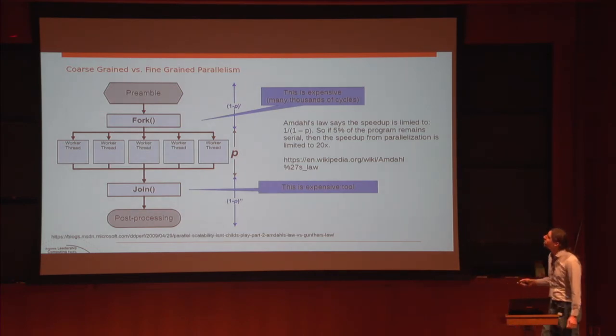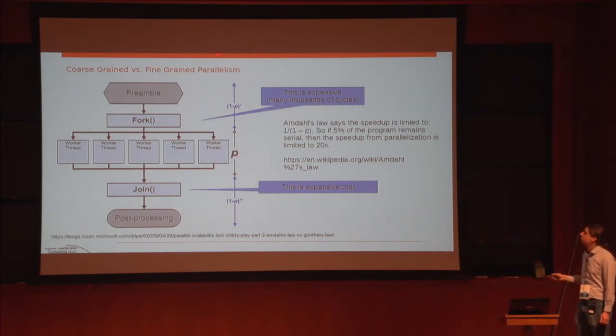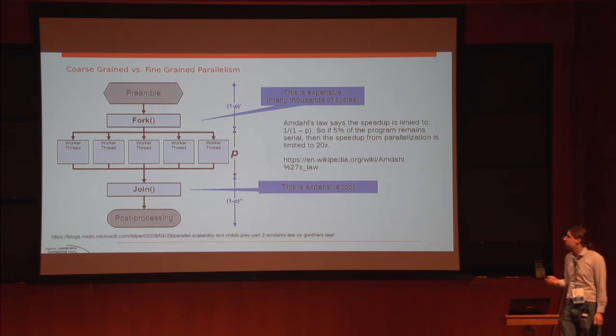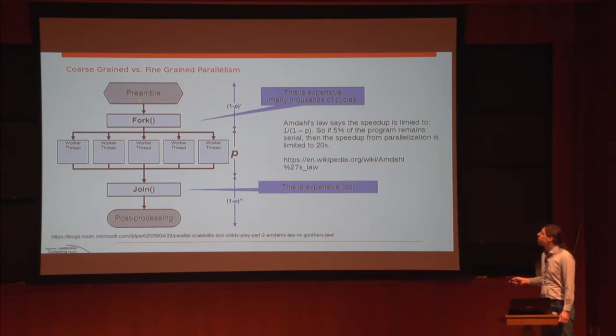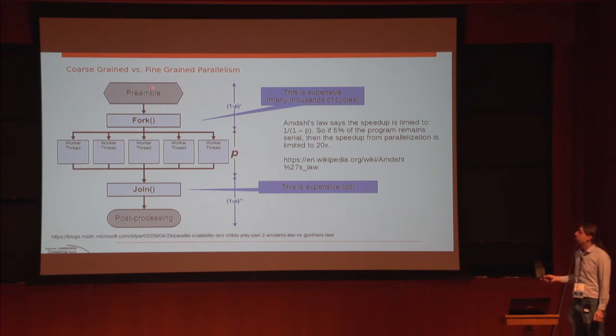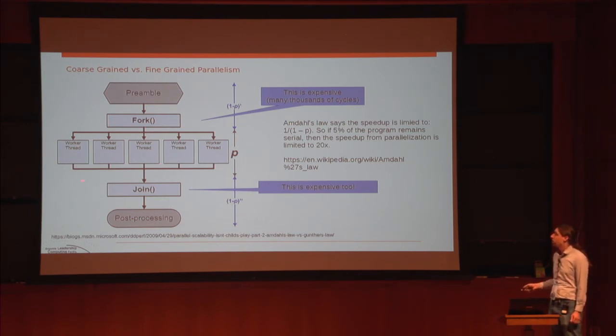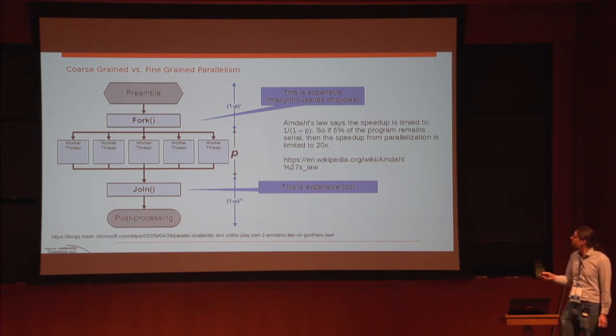So the issue of using coarse-grained versus fine-grained parallelism often comes up in this context, and I'll touch on it here. So what does this mean? Generically speaking, if you're using, say, OpenMP or some parallelization scheme like that, then your program starts, and it's a serial program, and then it starts some threads, and it does some parallel work, and then they all join together, and then they're done.